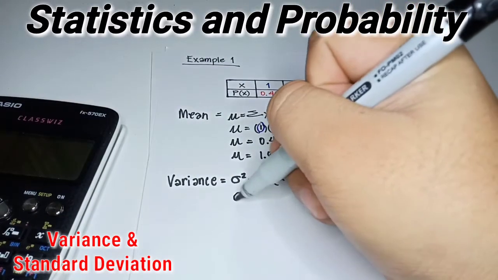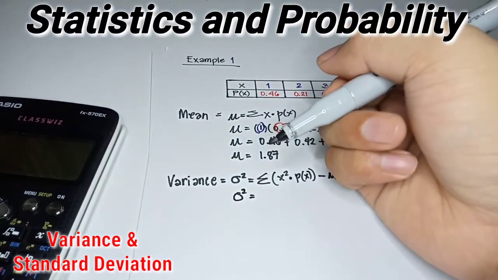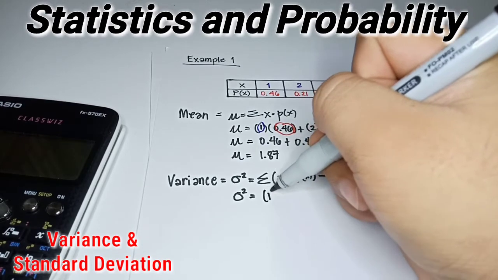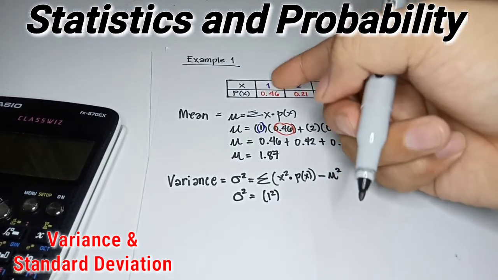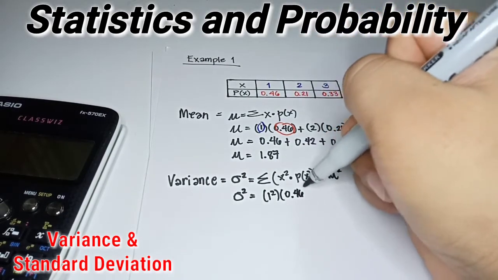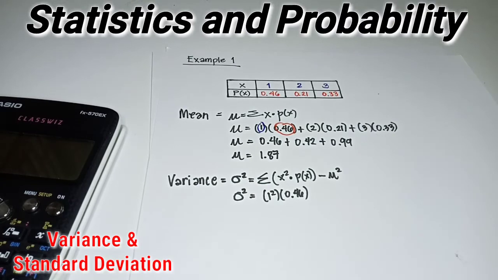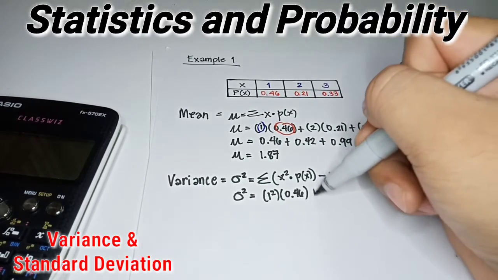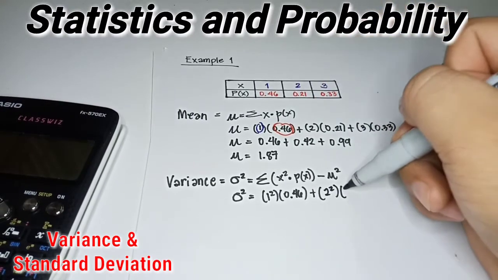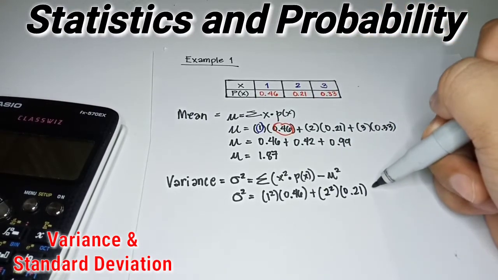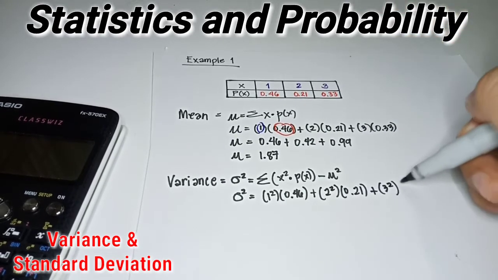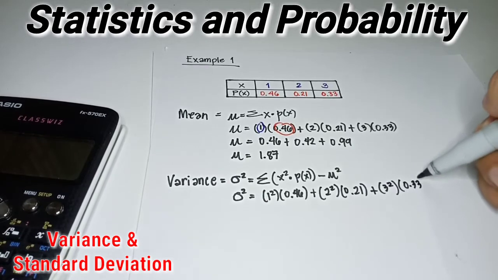So we'll write it here: is equal to, 1 squared times 0.46, and then plus 2 squared times the probability of 0.21, and then plus 3 squared times 0.33.